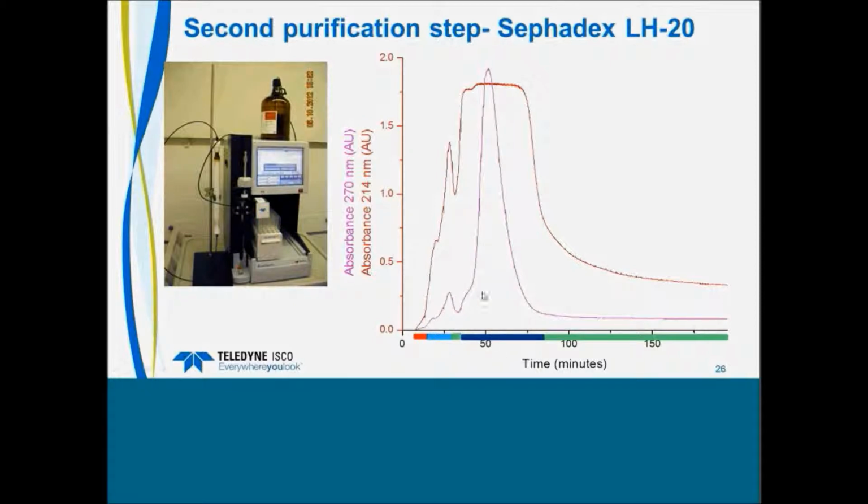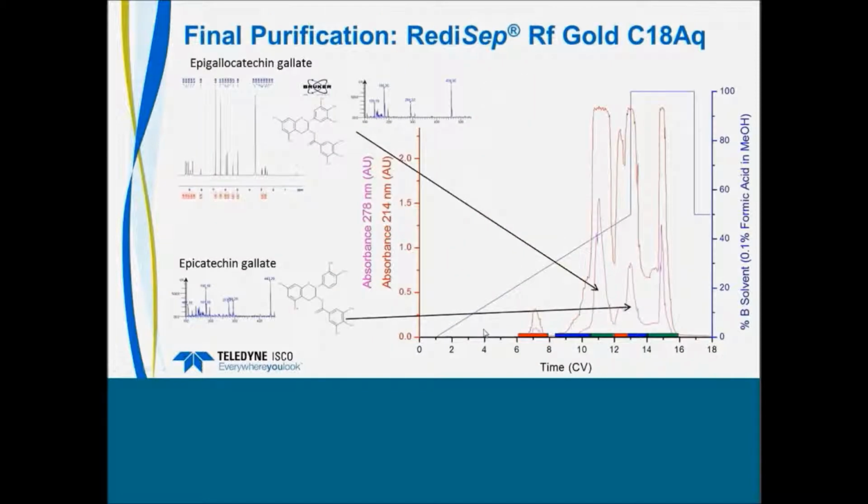This hot cut, indicated by the blue area, was then run on the RediSep Rf Gold C18Aq column, and I was able to obtain pure epigallocatechin gallate and epicatechin gallate as pure compounds, and they were identified with my PurIon system and also confirmed with the literature by proton NMR. So in just a very few steps, I'm able to purify compounds very easily.